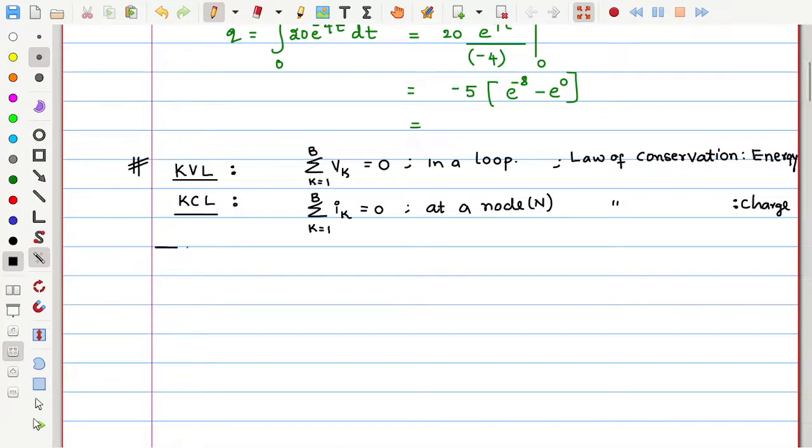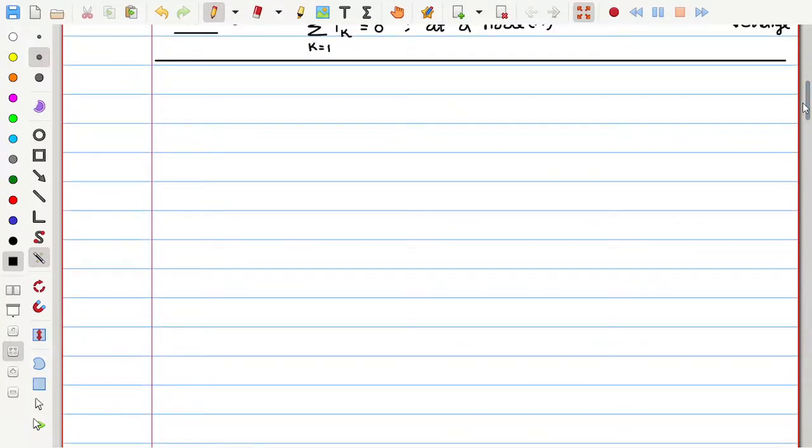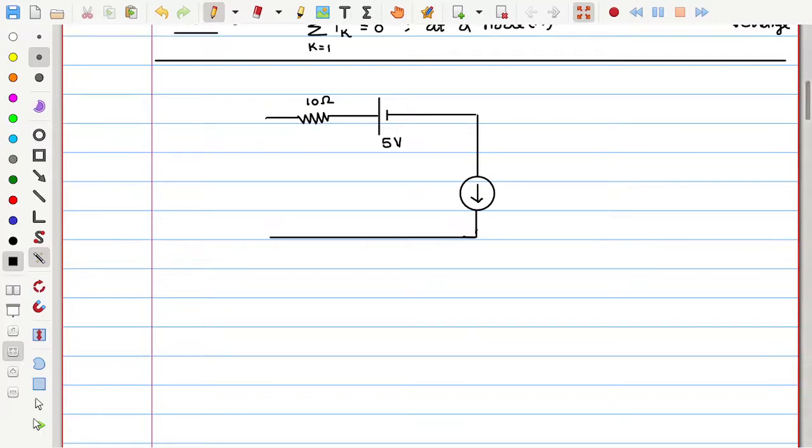expression. Right. So now with these basics, let us have small circuits and analyze. Let me take a small problem in this way. A resistance of 10 ohms, a voltage of 5 volts, and a current of some value, I will give you that.